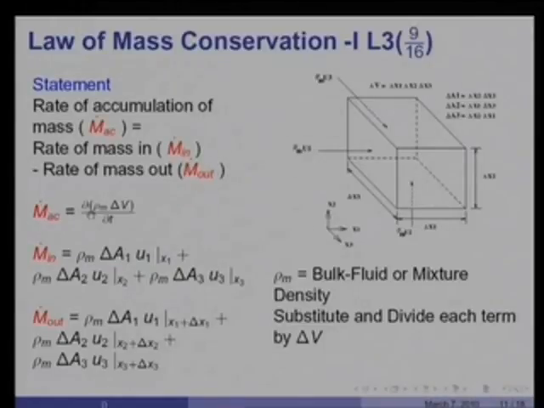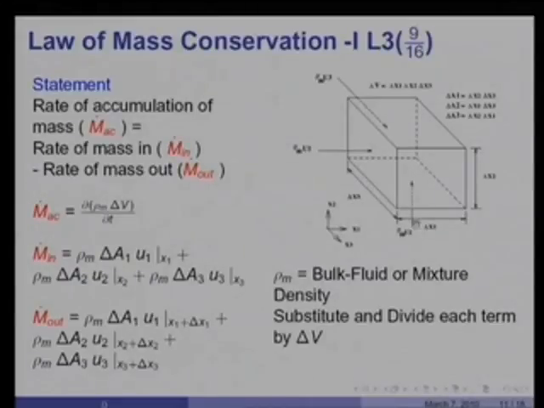So, partial d by dt of rho m delta V would be the rate of accumulation. Well, at surface x equal to x1, the rate of mass flow in will be rho m into u1, which is the mass flux, multiplied by the area delta A1, which is delta x2 multiplied by delta x3. So, that is what I have written here. That would be the rate of mass in at surface x equal to x1.